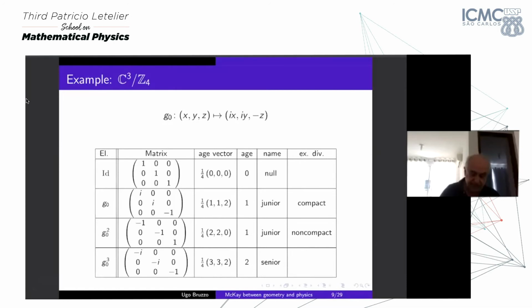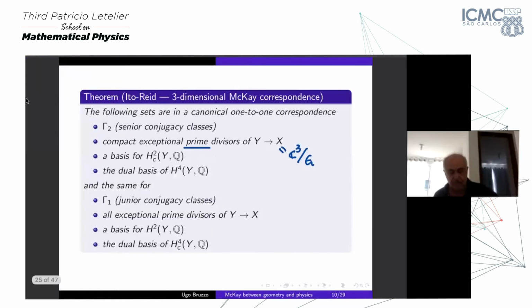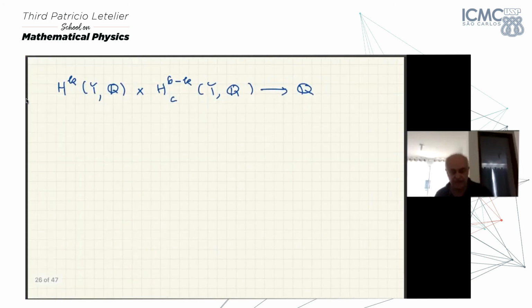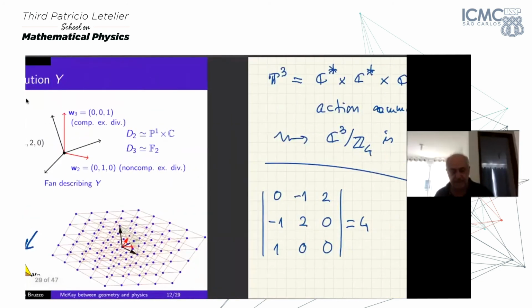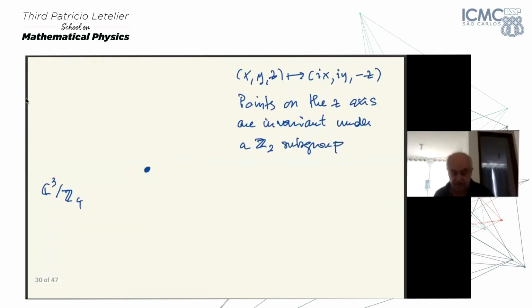Which is exactly the subgroup generated by our G0 square. You see here G0 square, right? If a point has coordinates 0, 0, z, it is invariant, right? So G0 square generates a Z2 subgroup of Z4, which is the isotropy subgroup of every point on the z-axis.